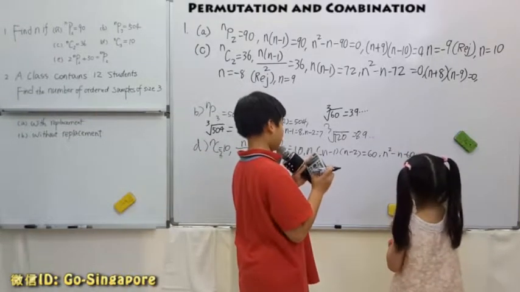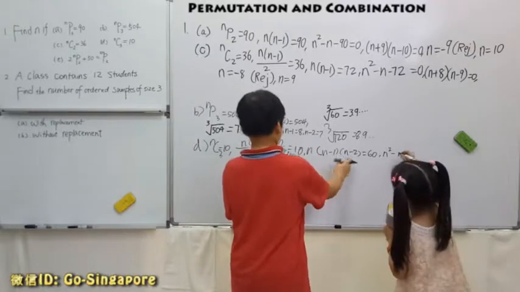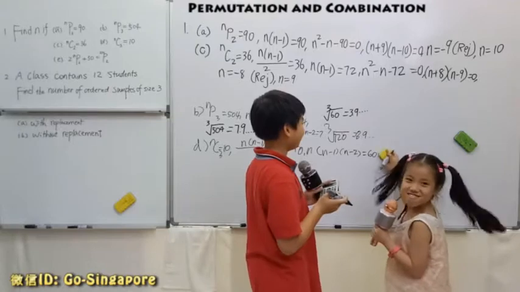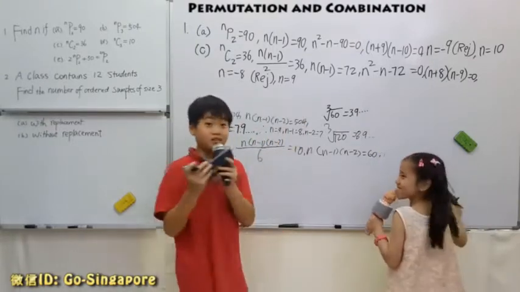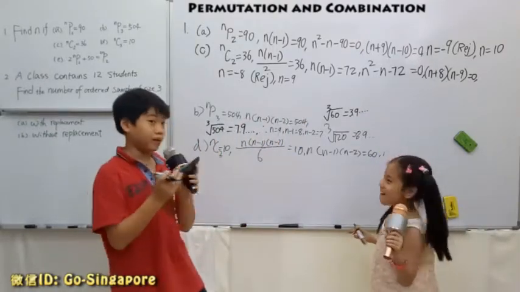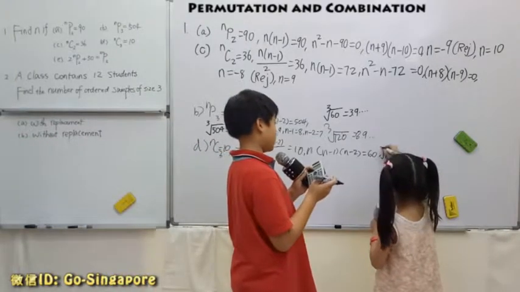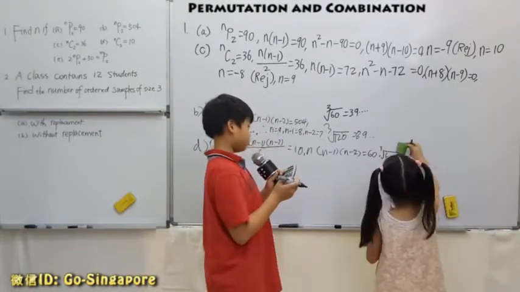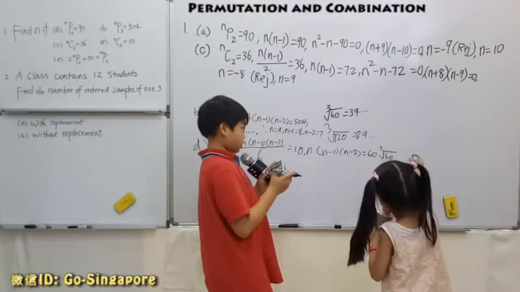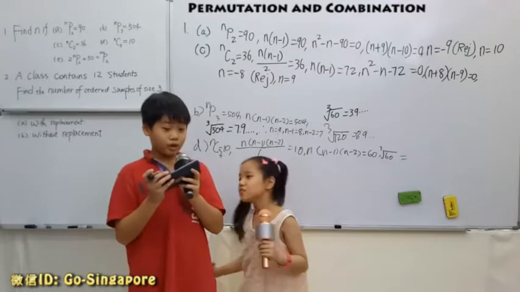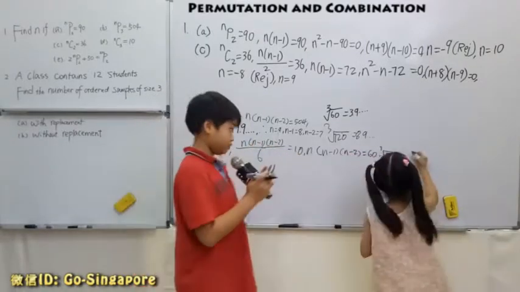Wait, is that a square? You have cube. So how can you use it? Okay, so right now you need to use the cubic root, right? Yes. The cubic root of 60, correct? Okay. So for this, I found it. There's actually 3.9 something.